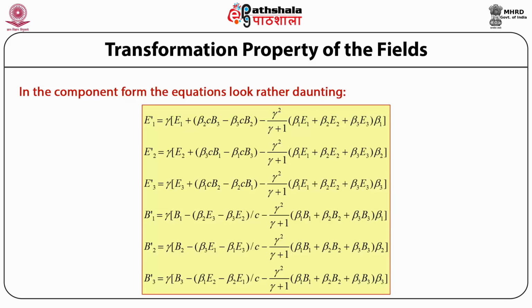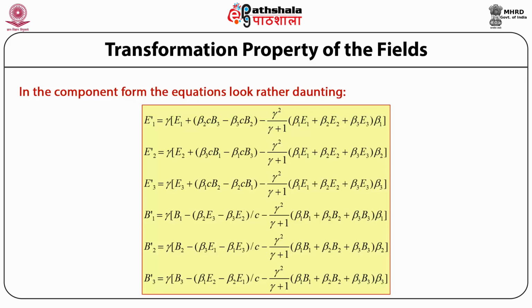E prime subscript 3 is equal to gamma times whole bracket open E subscript 3 plus within brackets beta subscript 1 times C times B subscript 2 minus beta subscript 2 times C times B subscript 1, minus gamma square by gamma plus 1 within brackets beta subscript 1 times E subscript 1 plus beta subscript 2 times E subscript 2 plus beta subscript 3 times E subscript 3 whole times beta subscript 3 whole bracket close.